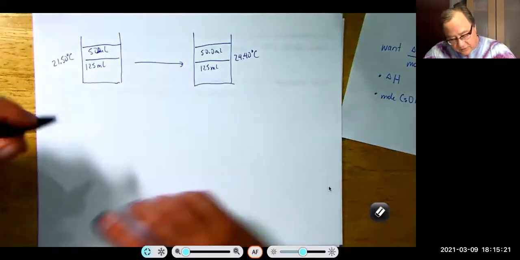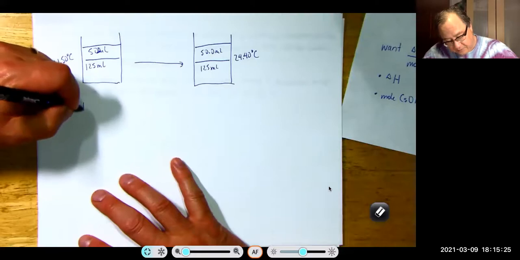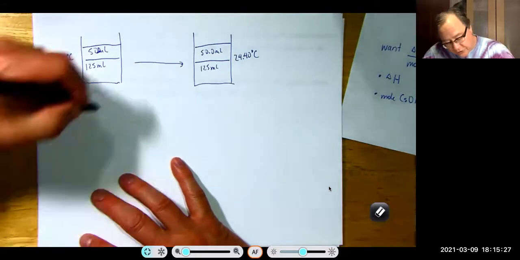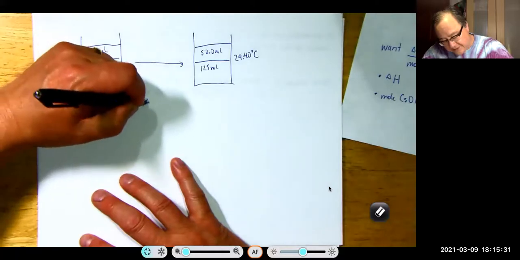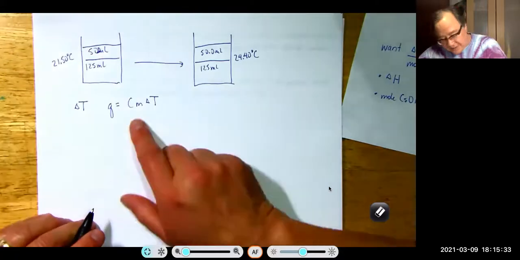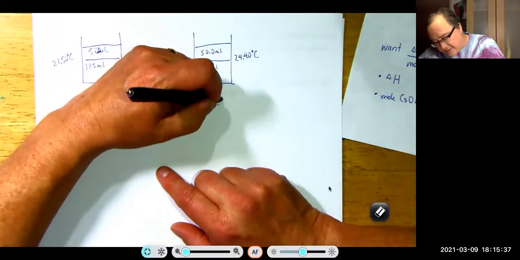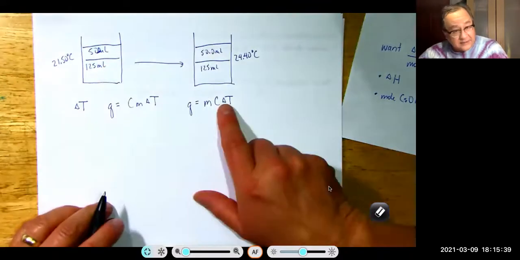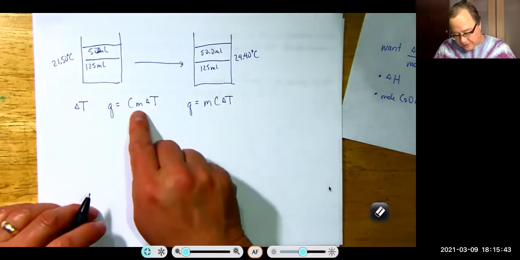Now, there is a change in temperature. Because there is a change in temperature, we're going to use q = C m delta T. Some people memorize this as "Q equals m c delta T," where the triangle, the delta, looks kind of like an A. I just remember it this way.